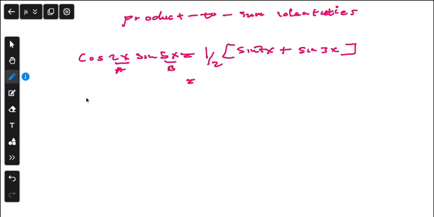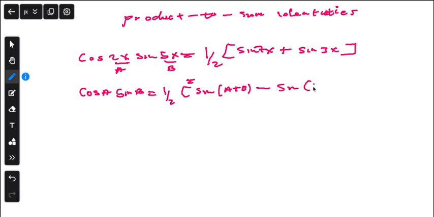So we are using the identity for cosine. So cos A sine B is equal to half, open bracket, sine, open bracket, A plus B. Then again here, what are we going to have? Since we're talking about cosine, here we're going to have a minus, then sine A minus B, then close square bracket. So this is what we're going to have. So 1 over 2, then sine, the value of A is 2x, the value of B is 5x.